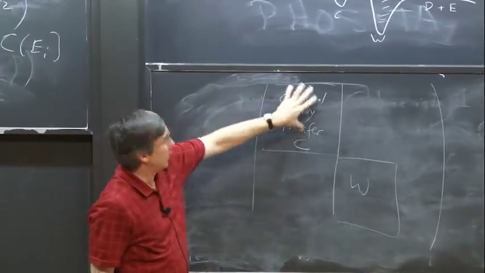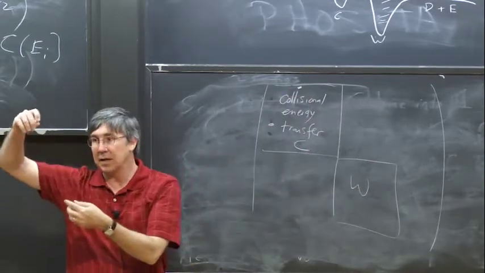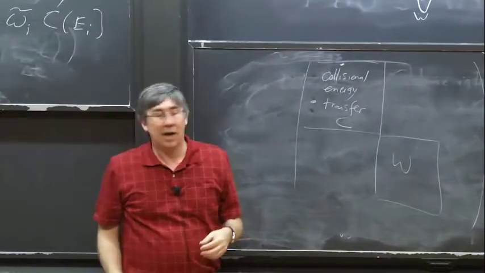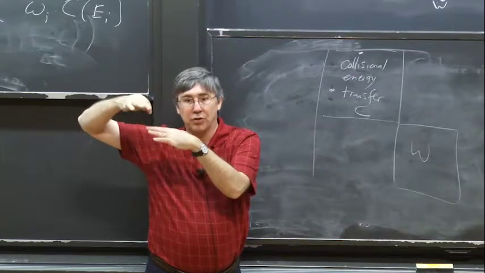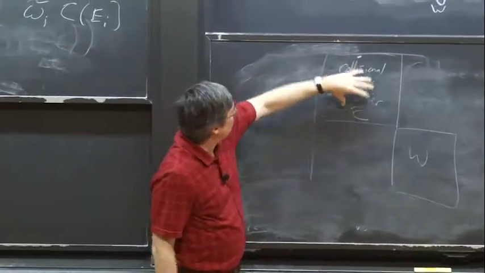So I have all kinds of numbers in here, and this would be pretty much a dense block, because every state of C can undergo a collision and get knocked into any other state. It'll have bigger numbers towards the diagonal, because collisions that exchange a small amount of energy are more likely than ones that change a lot of energy.